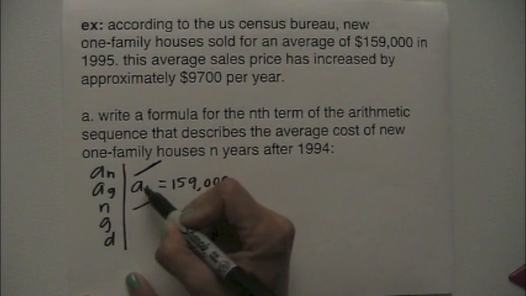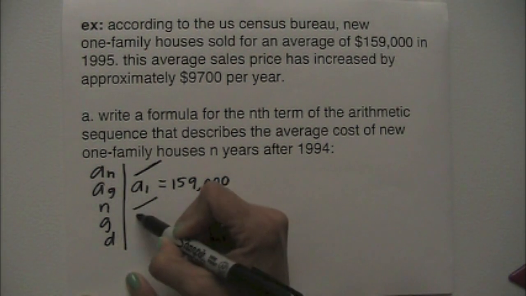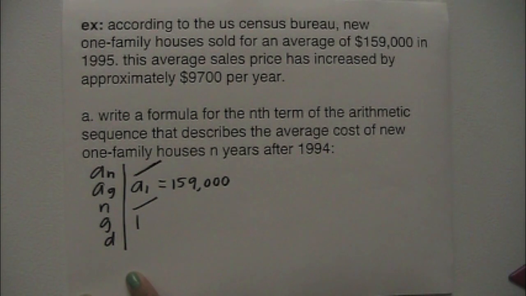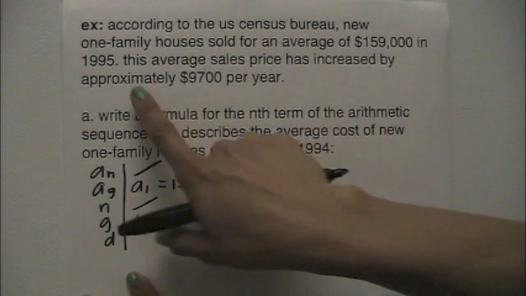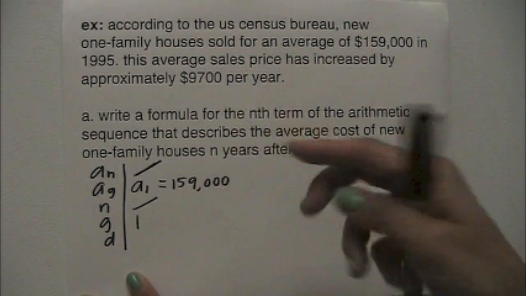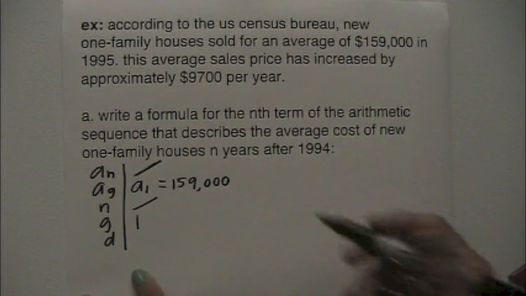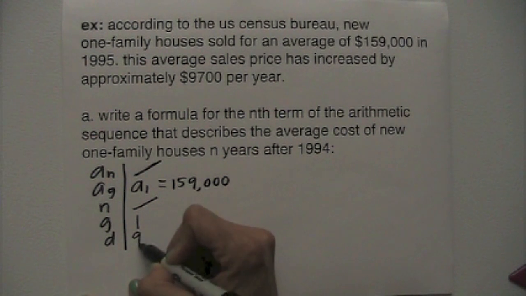Therefore, a sub g, a sub 1, that means g is equal to 1, so we're going to plug in 1 for g. And this average sales price has increased by approximately $9,700 per year. Because we're adding $9,700 each year, that's going to be our common difference.